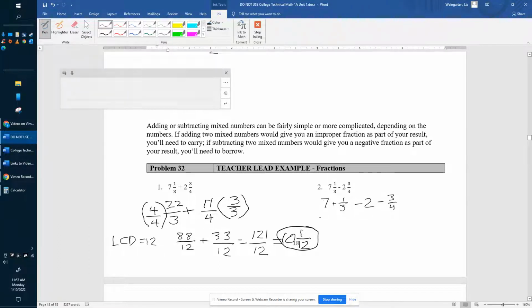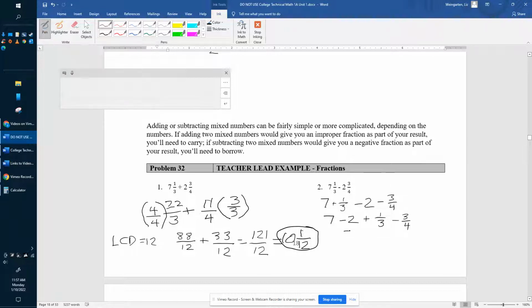We're going to go over the rules of algebra that allow you to do this, but just as a sneak preview, you can switch these two around as long as you keep the negative with the 2. So we can say this is the same thing as saying 7 minus 2 plus 1/3 minus 3/4.